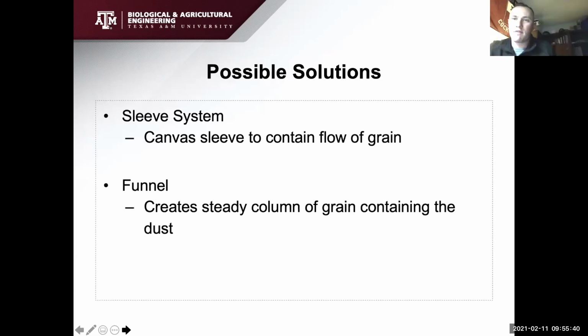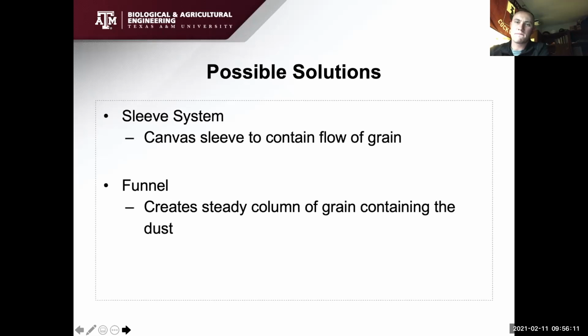Okay, so we have a couple different possible solutions. The first of which was brought to us by the bio and ag engineering students who are also working on this project for their capstone, is a sleeve system, which is basically a canvas sleeve that goes around the chute on the bottom of the truck and contains the flow of the grain, so none of the dust is able to get out into the open air.